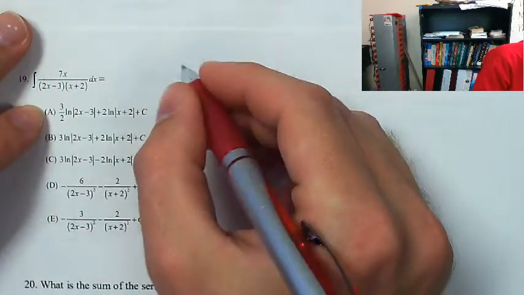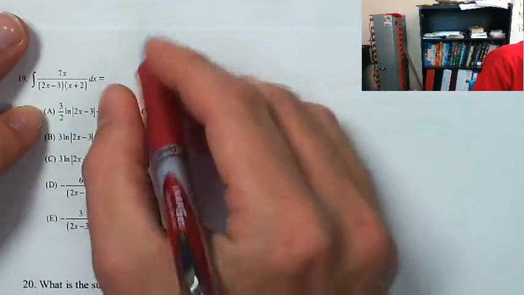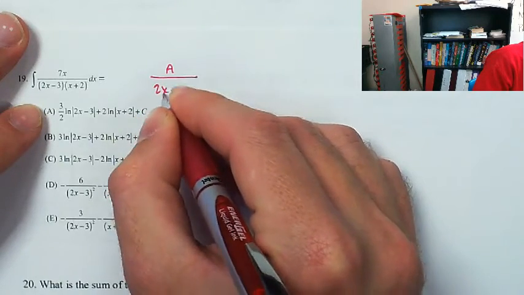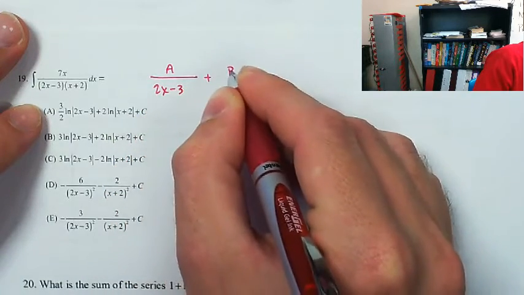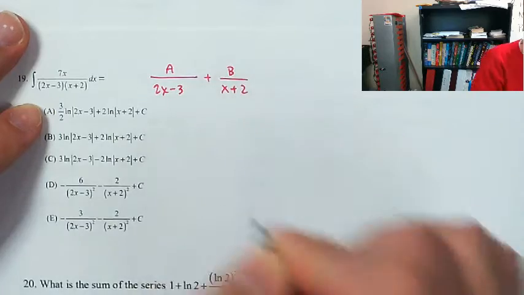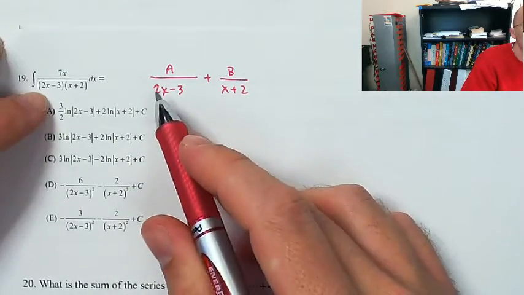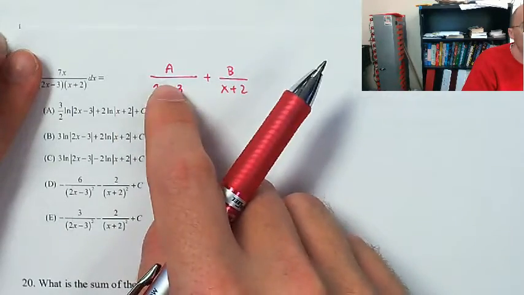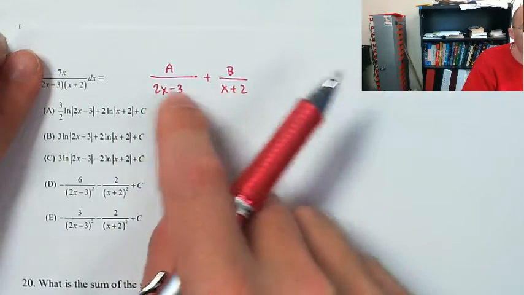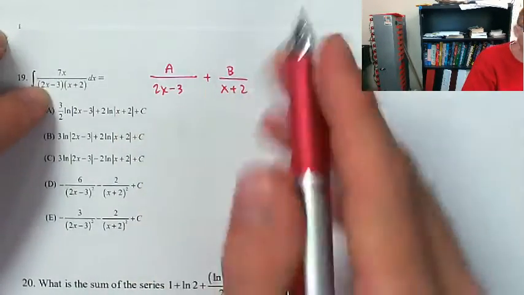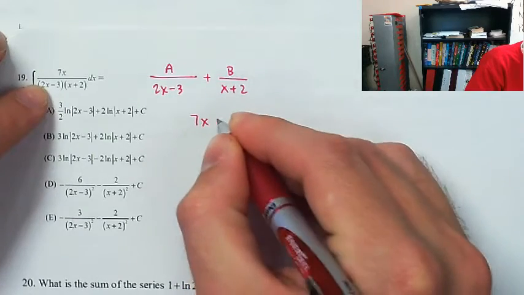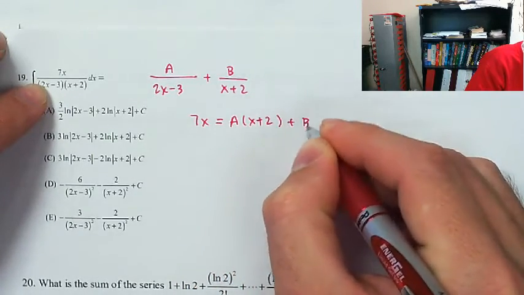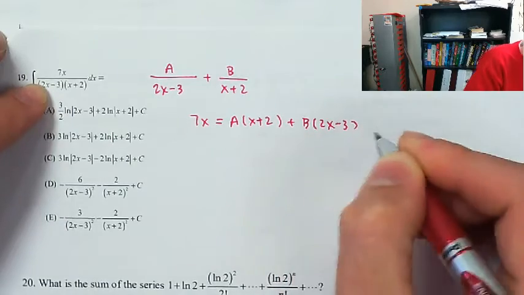This is just homework. So I'm going to say this is equal to a over 2x minus 3 plus b over x plus 2. Okay, and then I'm going to ignore the integral and multiply both sides of this equation by both 2x minus 3 and x plus 2, and I'll say that now 7x is equal to a times x plus 2 plus b times 2x minus 3.